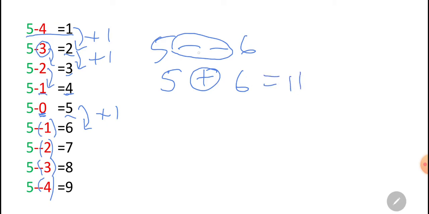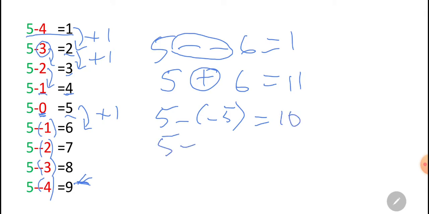And 5 take away negative 6 is also 11, because if we continue our pattern from there, 5 take away negative 5 is equal to 10, and 5 take away negative 6 is equal to 11.